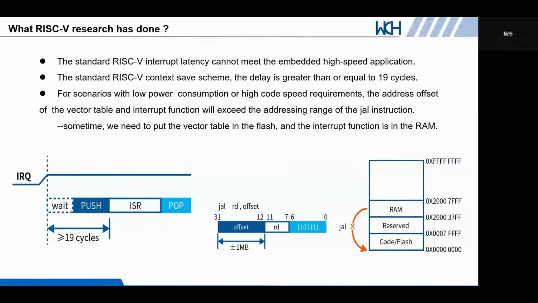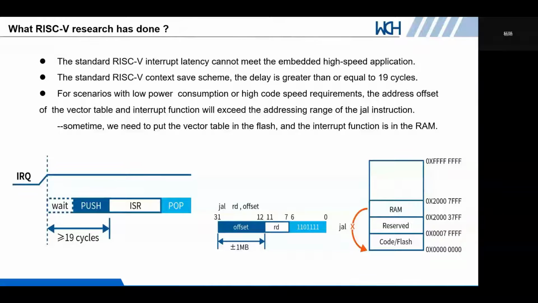As we can see from our previous experiments on low-power RISC-V processing, at least 41 cycles are required.